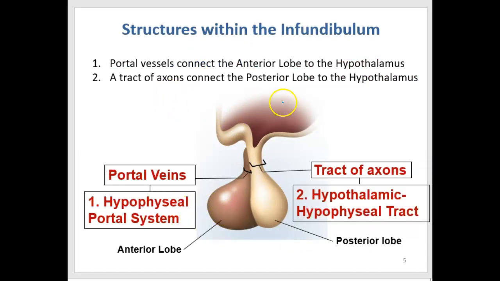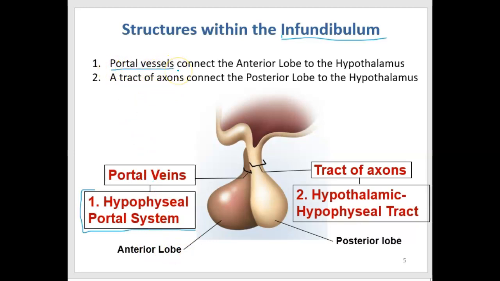Okay, now how is the hypothalamus connected to the different lobes of the pituitary? Generally speaking, we call the stalk of tissue the infundibulum. But in fact, there's two separate structures located in the infundibulum. One structure is a network of blood vessels called the hypophyseal portal system, and it's listed as number 1 up here.